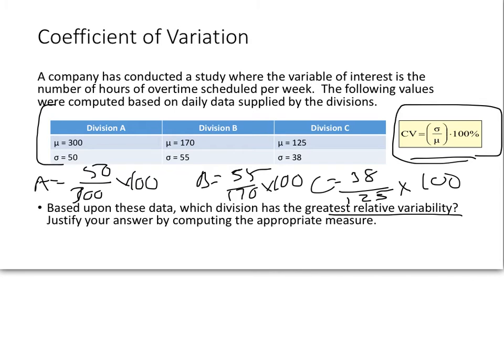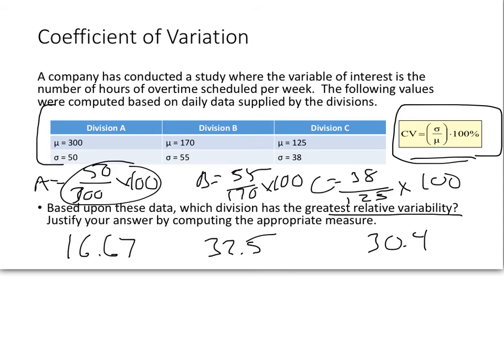And so A is going to be 16.67 when we calculate this out, and B is going to be 32.5, and C is going to be 30.4.